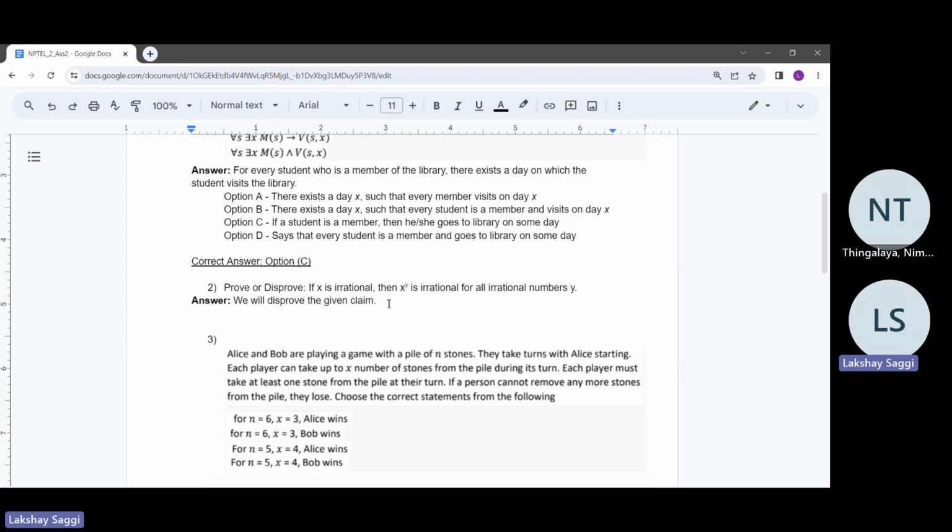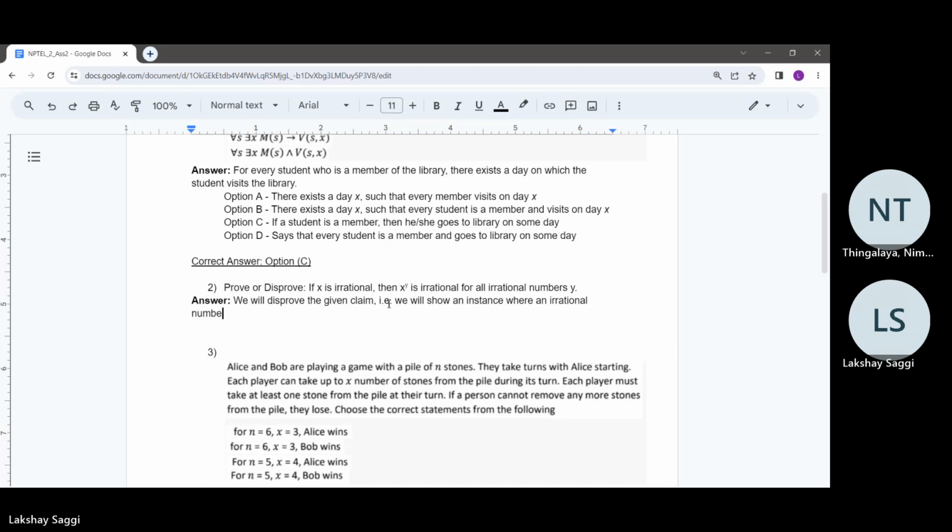What this basically means is that we will disprove the claim. We will show an instance where an irrational number raised to the power of an irrational number gives a rational number.